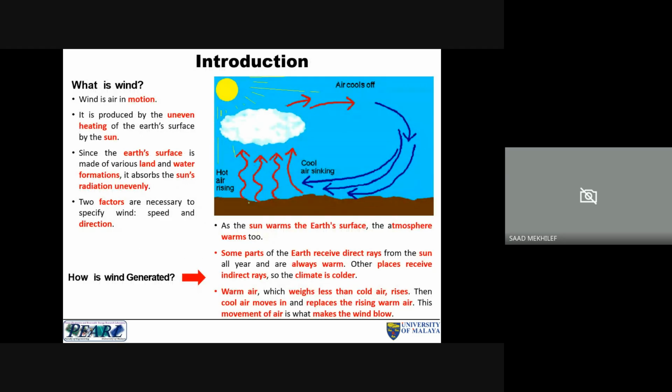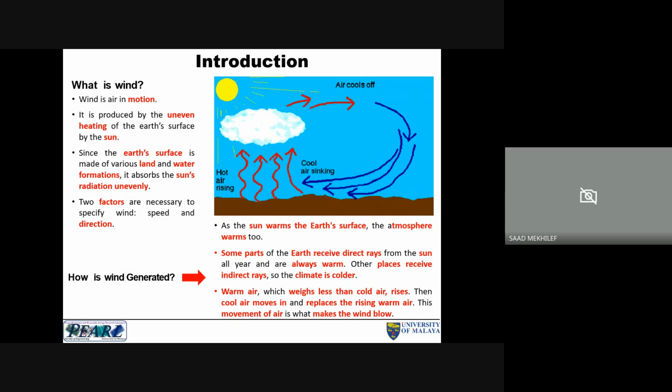All right. So first, the introduction to wind. It is very clear that wind is the motion of air. It is produced by the uneven heating and cooling of Earth's surface due to the sun.